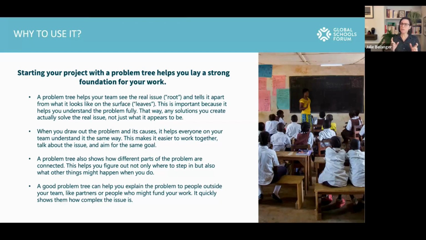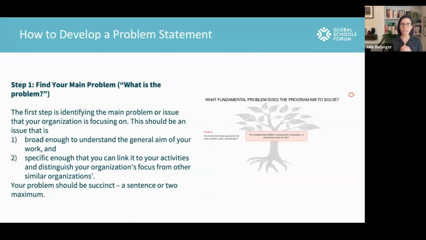And it's important to understand where your limitations lie. Another good benefit of doing this problem tree is that it can help you explain the problem to people from outside your organization and your team, whether these are people that fund your work or that you want to engage in your work as well. It really quickly with this visual will show them how complex your problem is, but also what it is that you're trying to focus on.